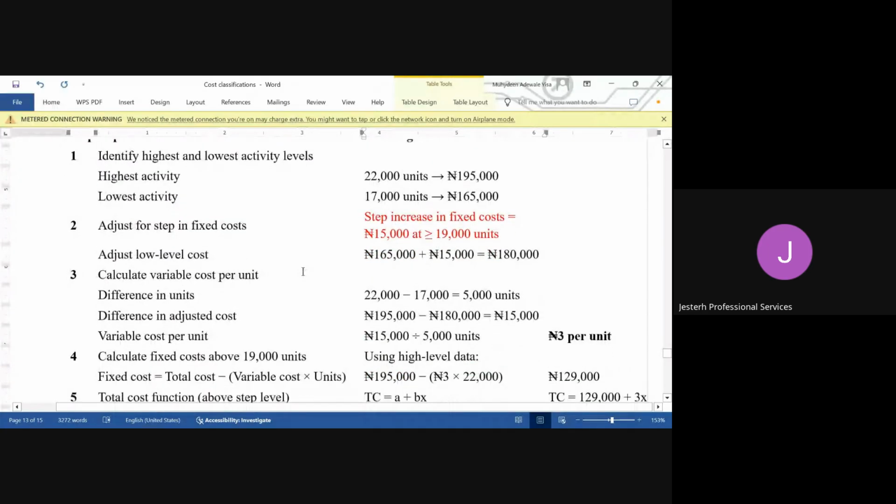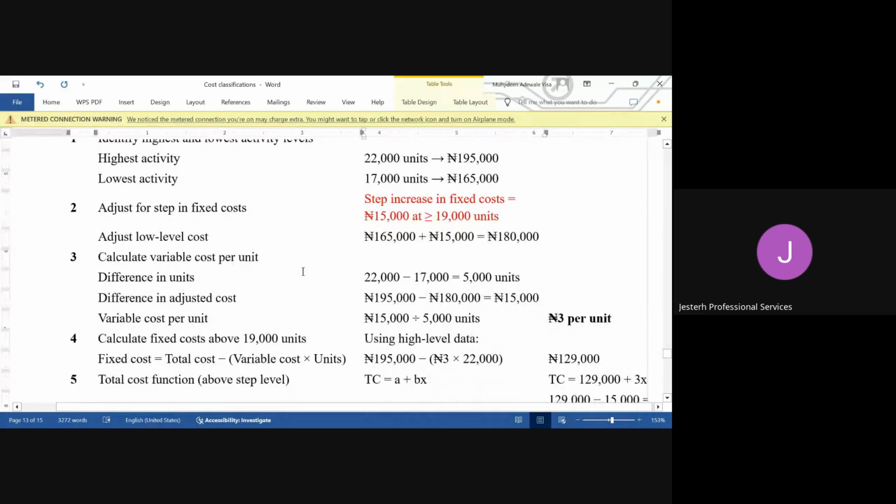Now the second one say we should calculate the variable cost per unit. Okay, how are we going to calculate the variable cost per unit? I believe we all know, based on the first example that we just finished, that we use the high and low level of activities, then we get the differences. And then we look at the cost associated to the two, we look at the differences as well.